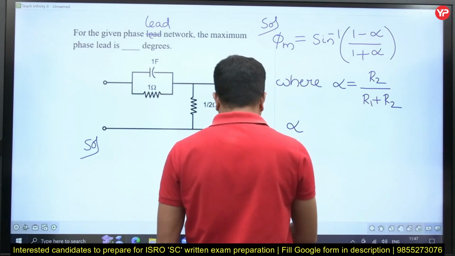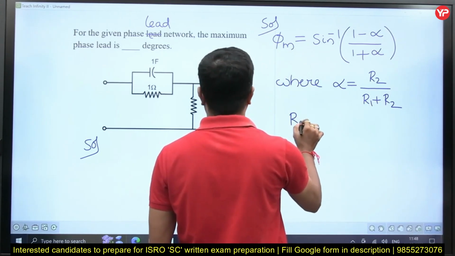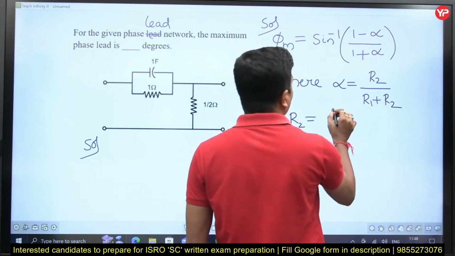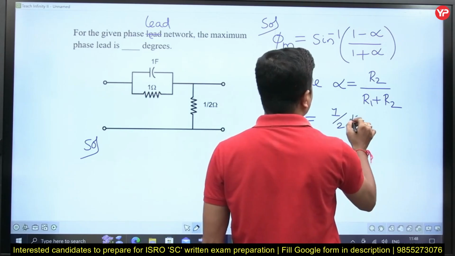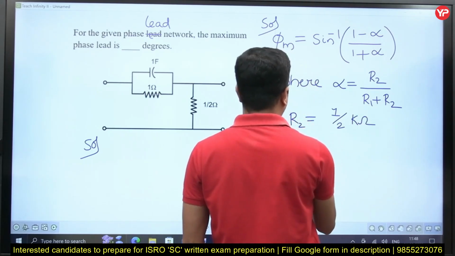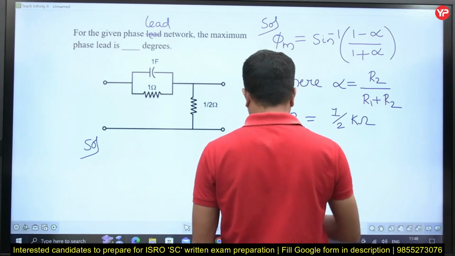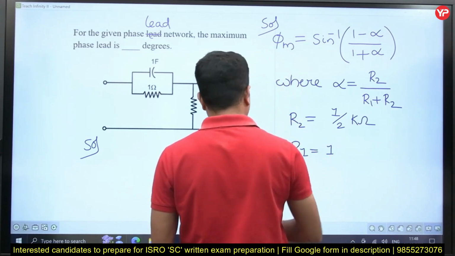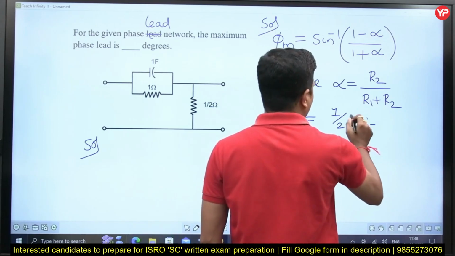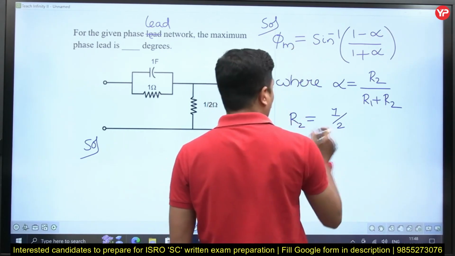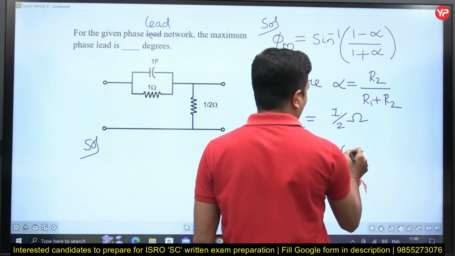How much is R2? R2 is equal to 0.5, let's take it as 1 by 2 kilo ohms. And R1 is equal to 1 by 2 ohms only, not kilo ohms, my mistake. R1 is equal to 1 ohm.